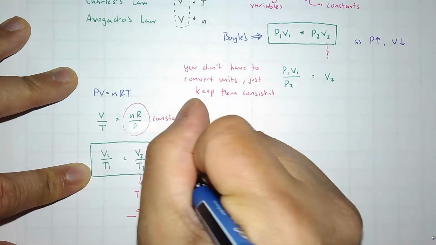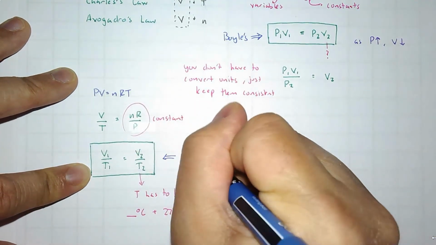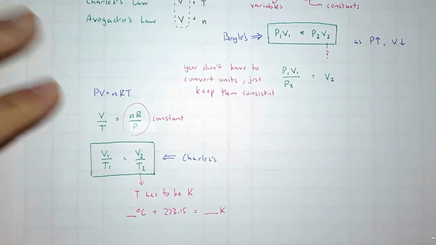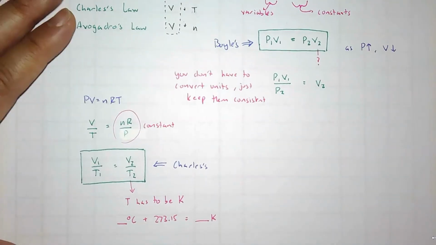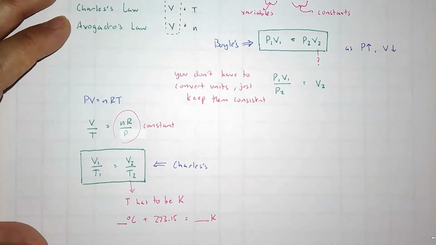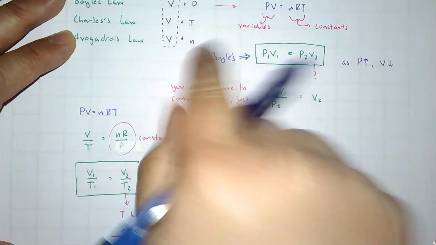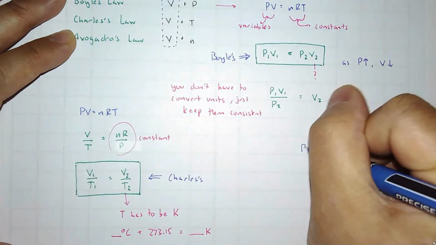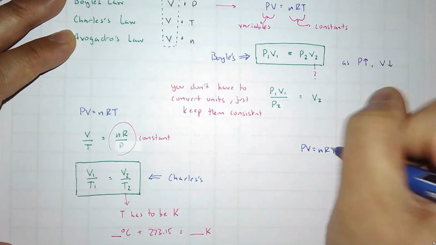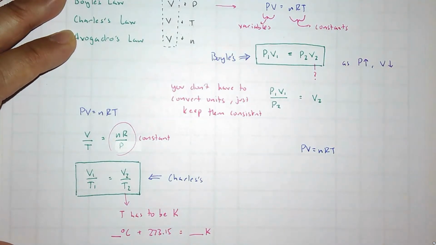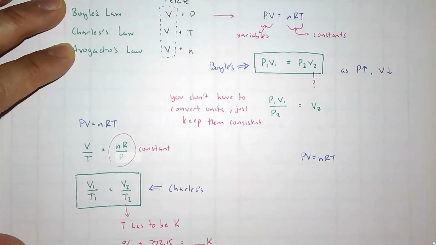This is Charles. Can you do the same thing for Avogadro's to get a relationship between volume and moles? Start out with PV = nRT and rearrange so you have all the variables on the left and all the constants on the right.